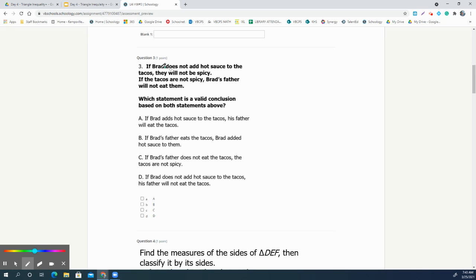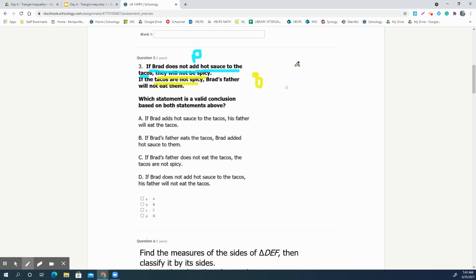Sometimes they're... If Brad does not add hot sauce to the tacos, this is P, even though it's got a not in it, they will not be spicy. That's the Q. If the tacos are not spicy, that's the same thing.